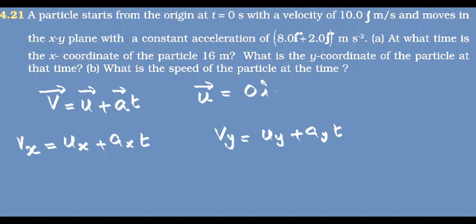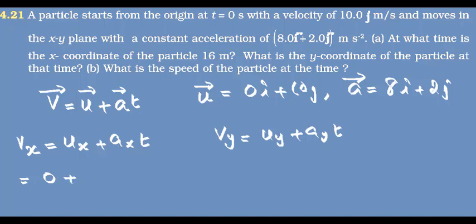There is no velocity in the x direction, so only the y component, that is 10j. What about the acceleration? Acceleration has both an x component, 8i, and a y component, 2j. So in the first equation, vx equal to ux plus ax t, I should write 0 here plus ax is 8.